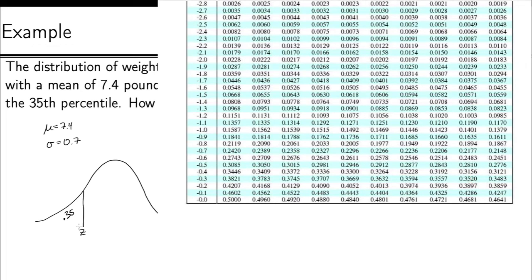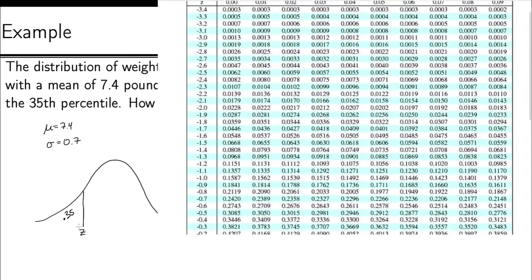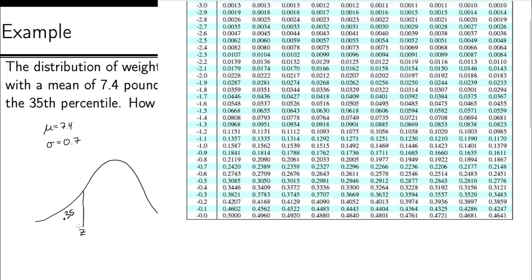It looks like it's right between these two values, 0.3520 and 0.3483, and it's not super close to either one of them. It looks like it's about halfway between them. This is negative 0.38, and up here I've got my 8 and 9.